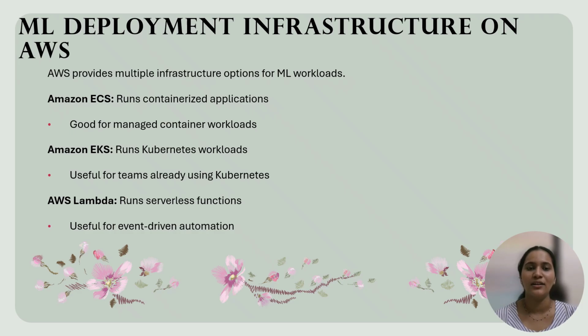It is ideal for event-driven tasks such as triggering machine learning predictions when new data is uploaded or automating parts of an ML workflow. Together, these services provide flexible deployment options based on application requirements and workload complexity.